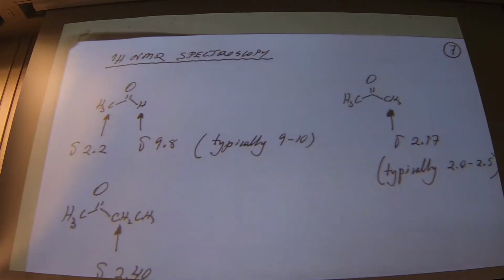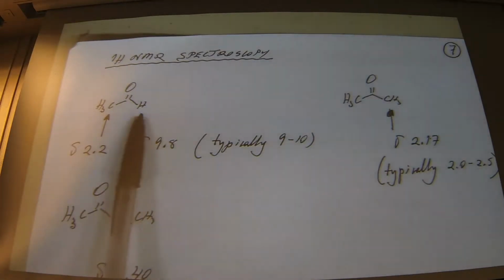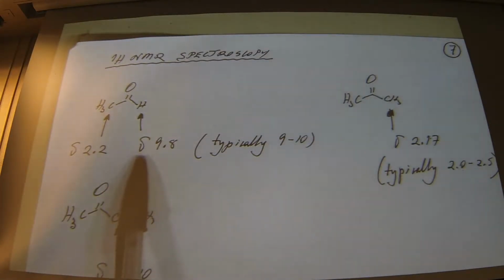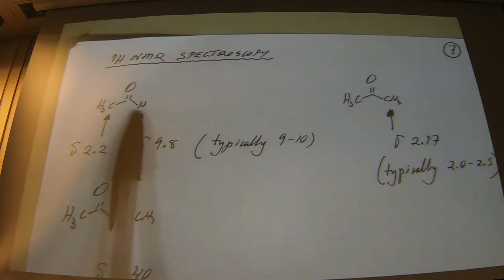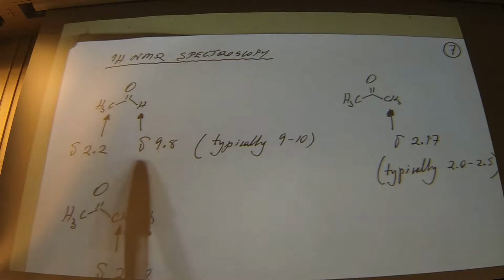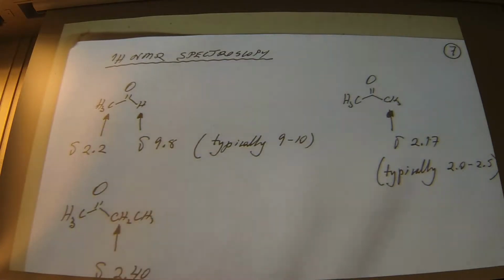I don't want to dwell on proton or on spectroscopy. Just recognize the thing that we talked about, that aldehydes absorb in a part of the proton NMR spectrum where really nothing else absorbs. And so it's very, very easy from proton NMR to know if you have an aldehyde or some other carbonyl.